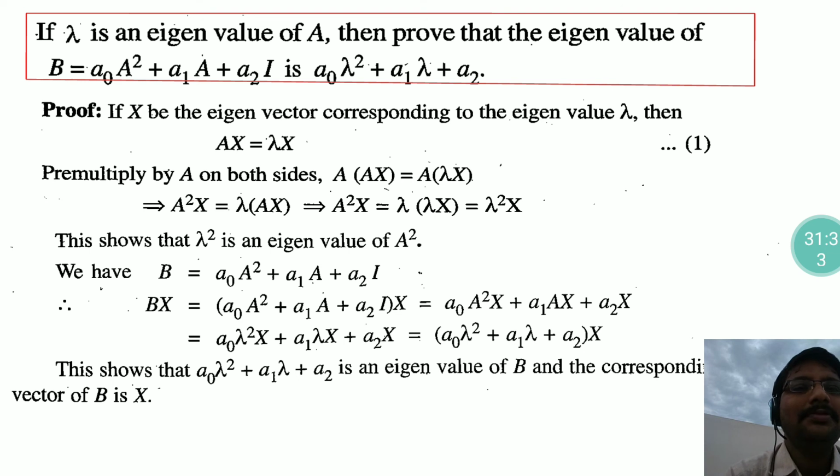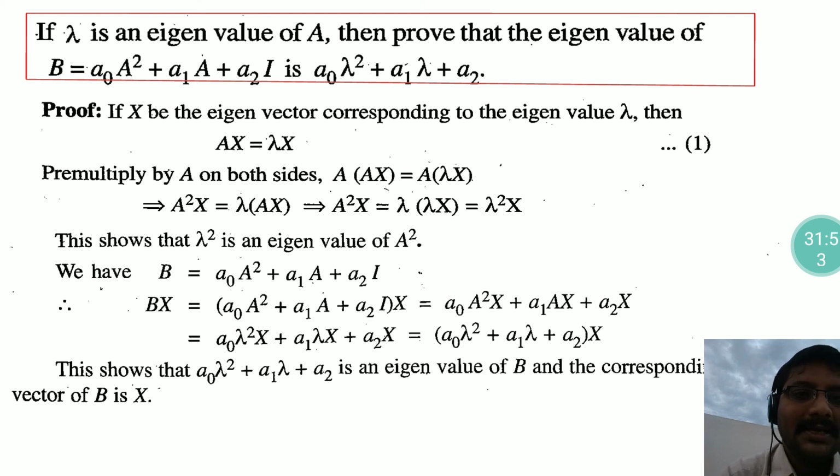So an easy proof. We considered Ax equal to lambda x for any eigenvalue lambda with corresponding eigenvector x. Multiplying both sides with A, we have A square x equal to lambda square x, which shows that lambda square is an eigenvalue of A square.